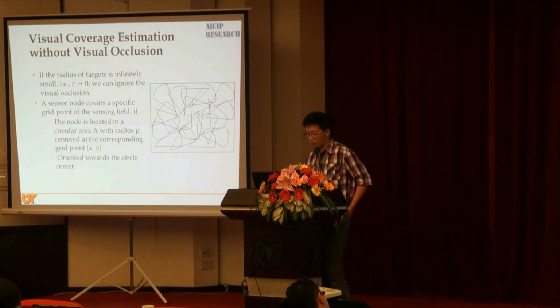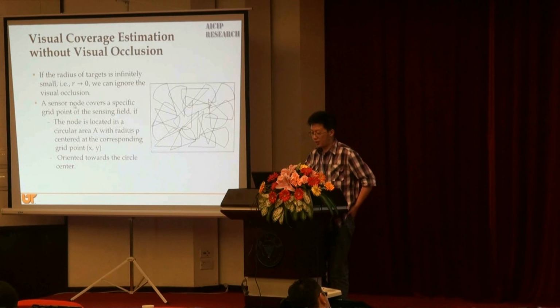First, we use visual coverage estimation without visual occlusion. That is to say, the radius of the target is infinitely small, and we can ignore the visual occlusion. A sensor node covers a specific grid point of the sensing field if the node is located in a circular area A with a radius rho centered at the corresponding grid point xy.